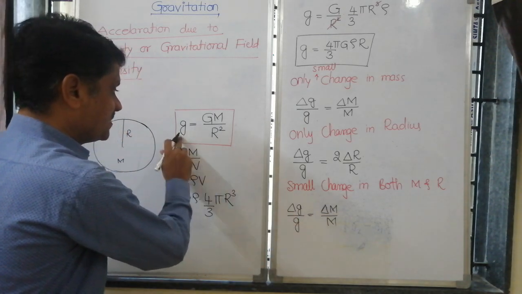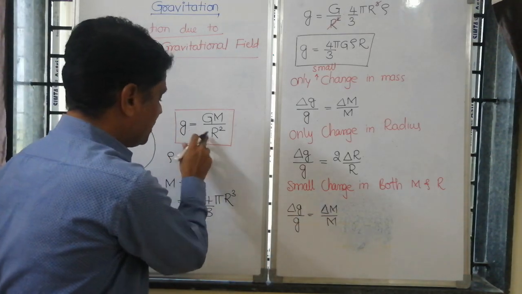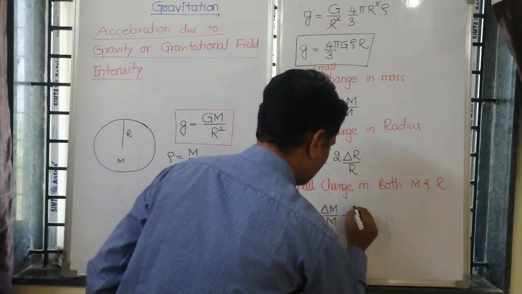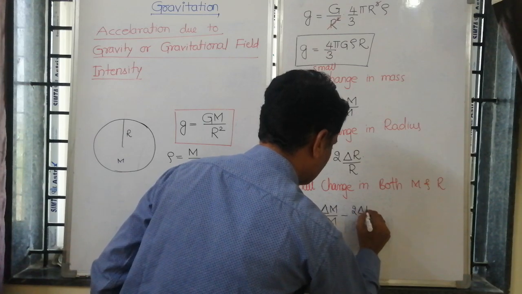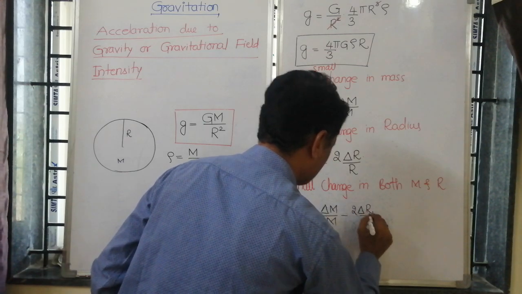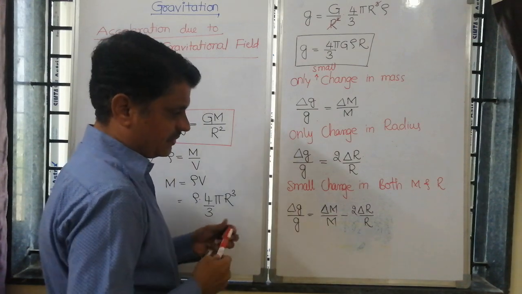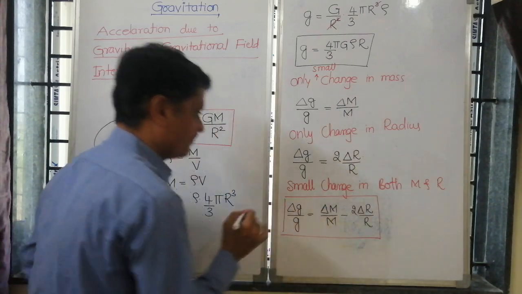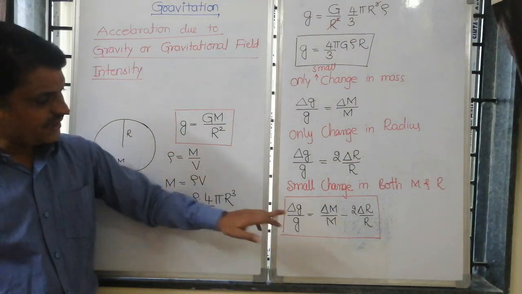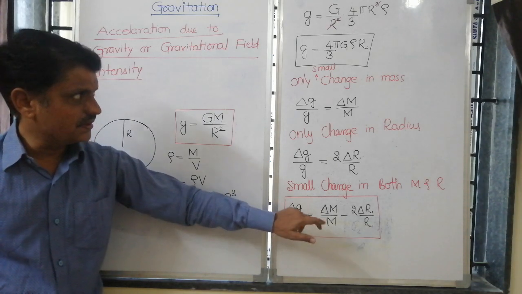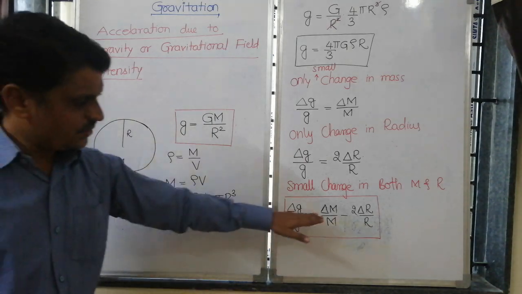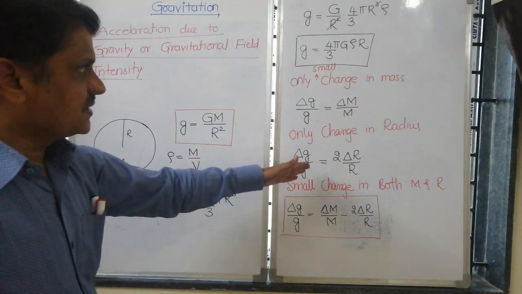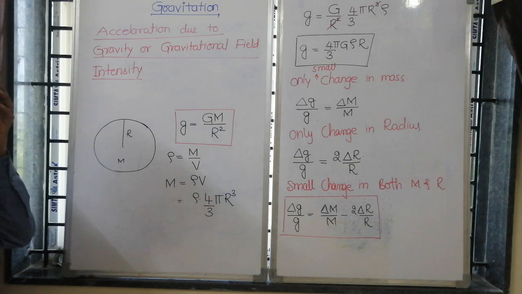But as radius increases, g decreases. That is, g and r are inversely related. Hence, we have to take minus 2 into delta R by R. So, in my opinion, this is a very important relation. In every book you find questions on this. Okay, if you know this, you can solve any kind of questions, right? So pause the screen and calculate.